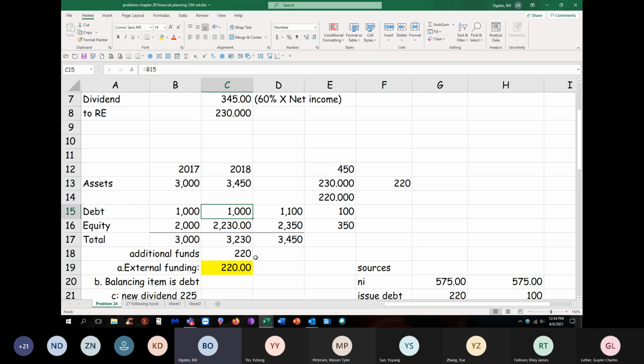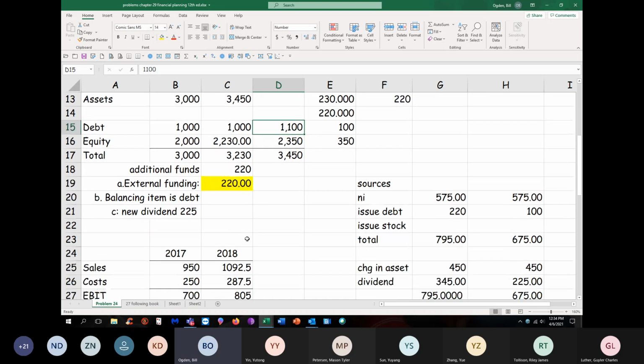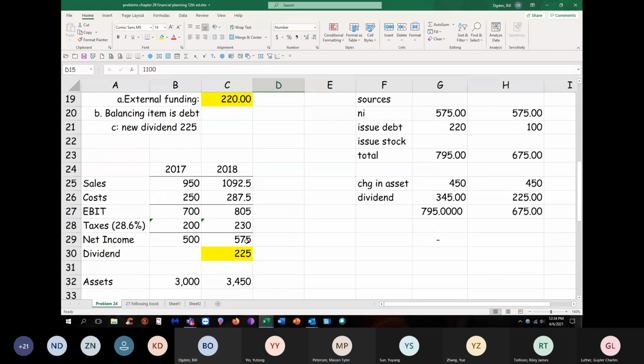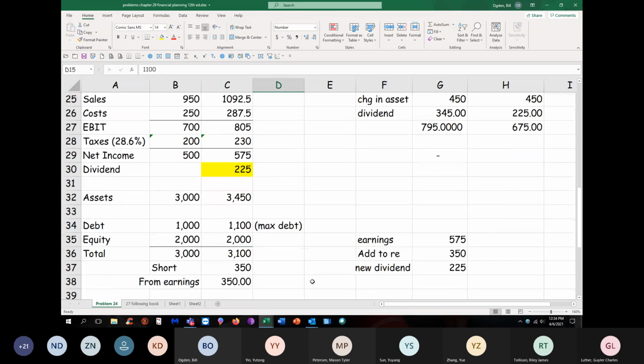The next part caps our debt at 1100. So many ways to do this, and this is one of them. I have assets again, 15% growth from 3,000 to 3,450.